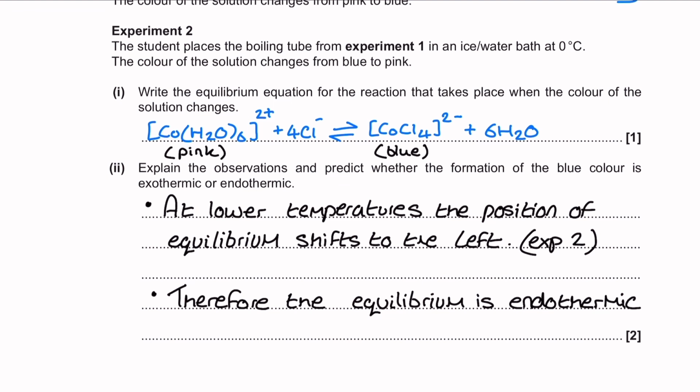Likewise, vice versa. If you ever move an equilibrium to a higher temperature situation, you're always going to move in the endothermic direction. So the fact that this equilibrium shifted left when you placed it in the colder situation, that means to the left is the exothermic direction. So to the right, which is what the question is asking about, is the endothermic direction.